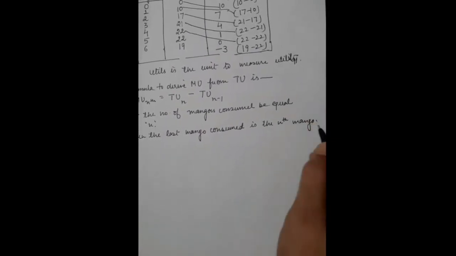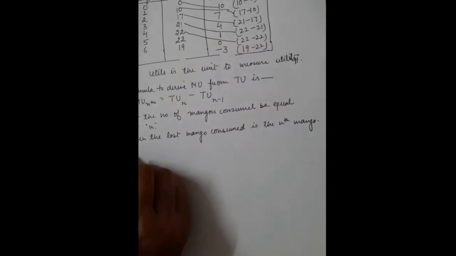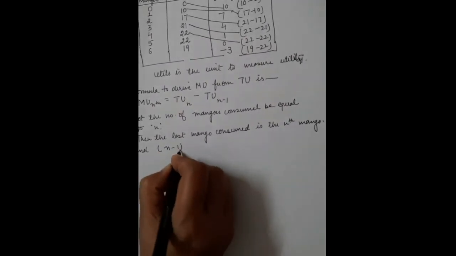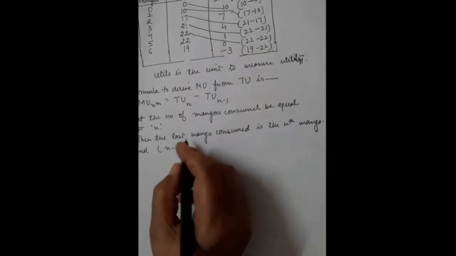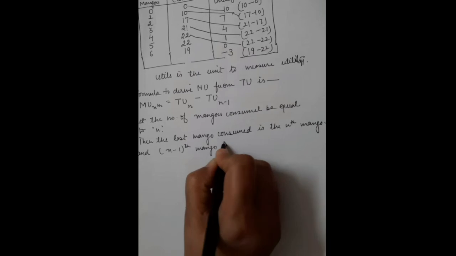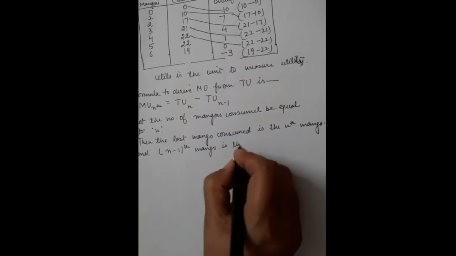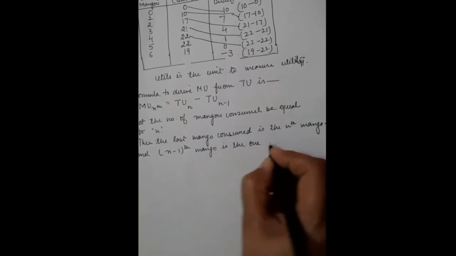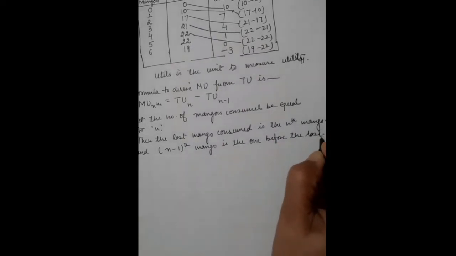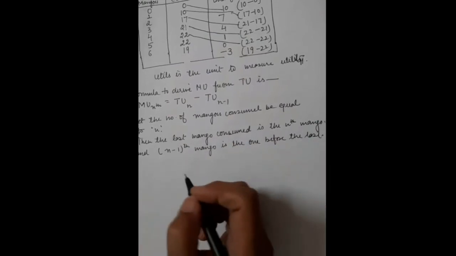Alright. And the n minus 1th mango is the one before the last. Alright, is that clear?